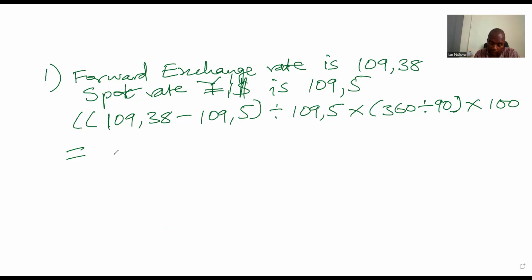The answer is obviously negative, because we are subtracting a bigger number, 109.5, from a smaller number, 109.38.